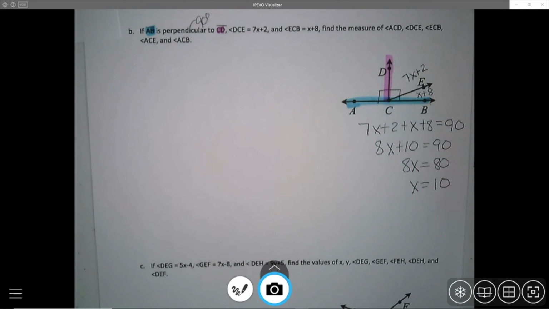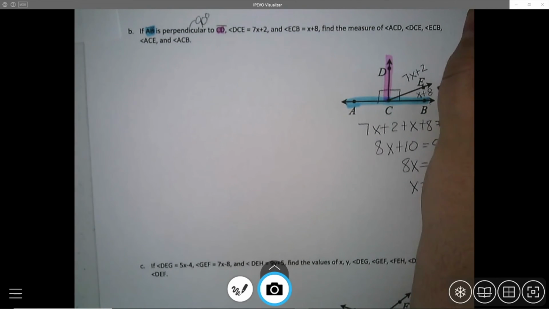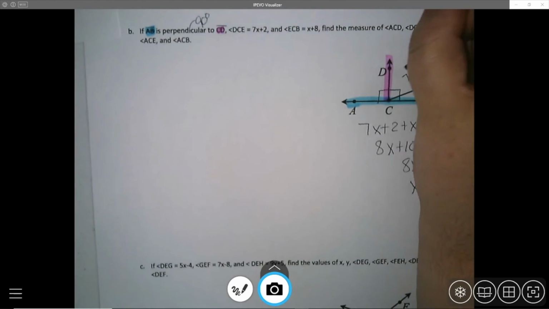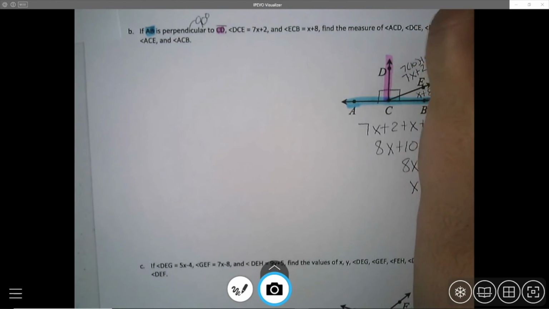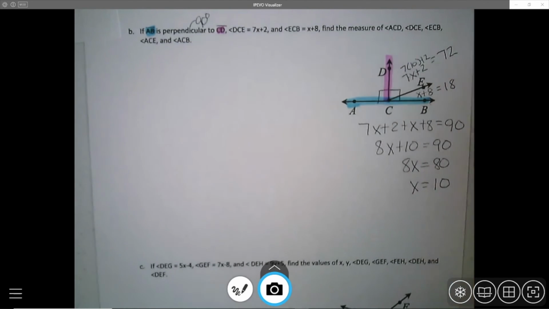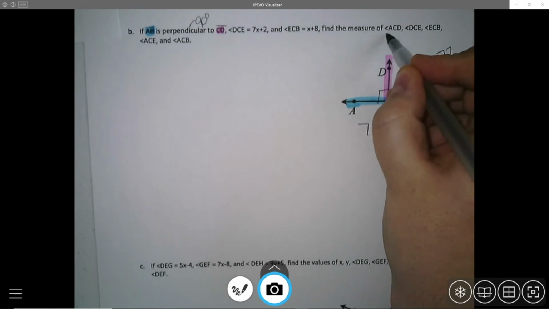Now, before I go any further, substitute in the 10. X plus 8, that'd be 10 plus 8, so that's 18. This is 7 times 10 plus 2, that's 72. Okay, now, let's find out what it wanted me to find. ACD.